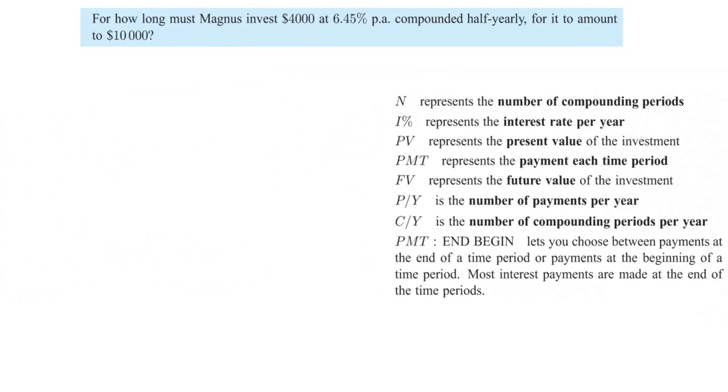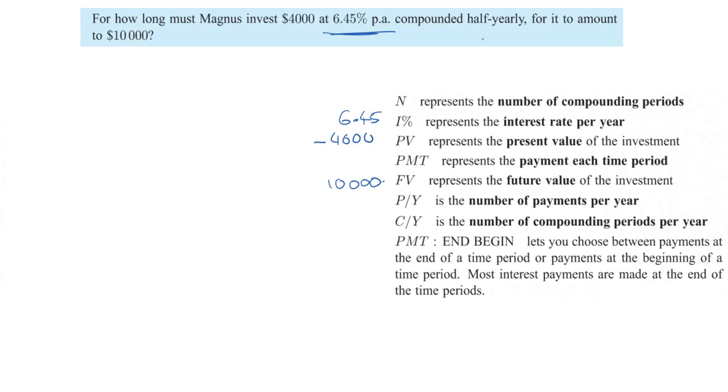Okay. So jumping straight in, we're trying to find an investment that started at 4,000. So let's say we've got negative 4,000 there as our present value. And it's going to end at 10,000. So we've got a future value of 10,000. We know that the interest rate is 6.45 per year.